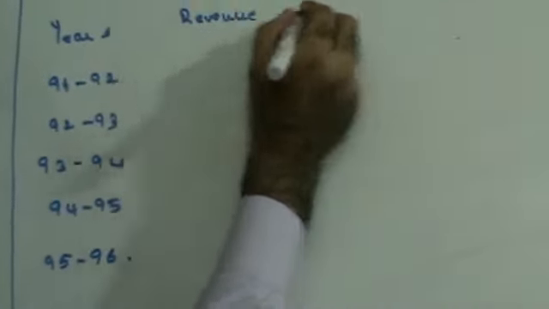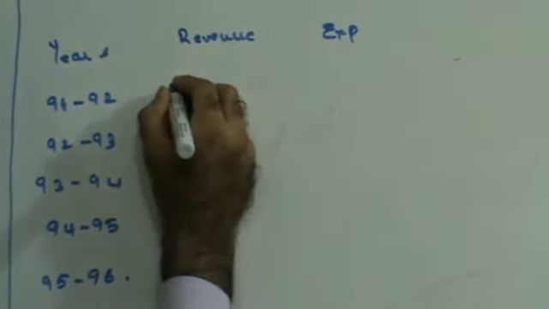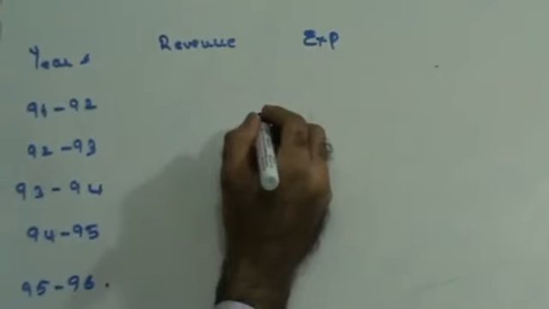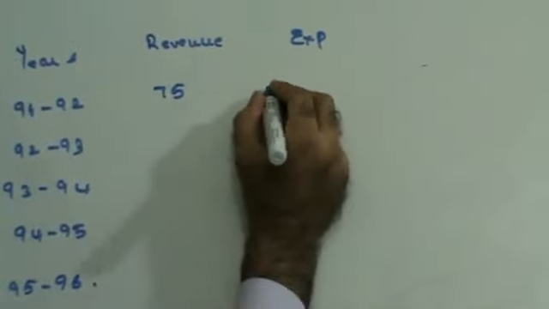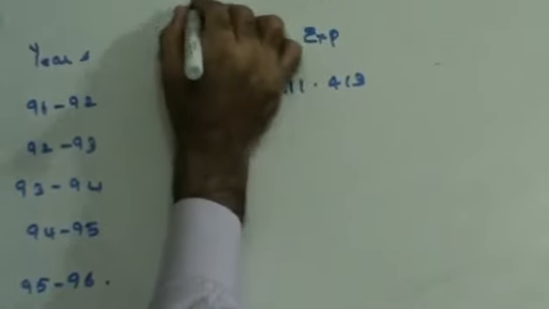Revenue and expenditure. Revenue is given to you as say about 75 approximately, and expenditure is 111.413 rupees in crores.